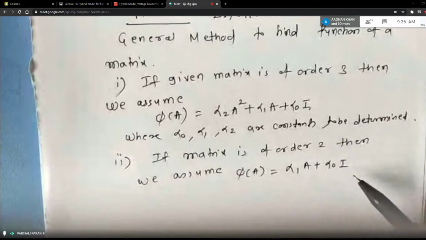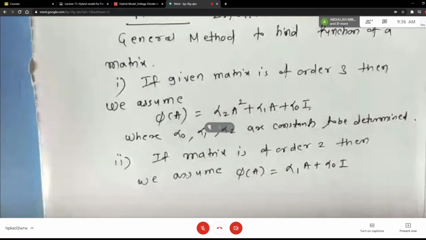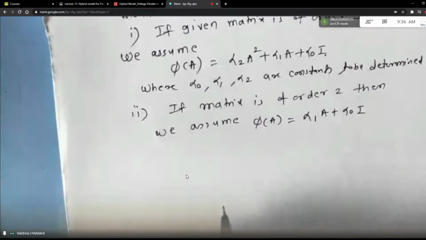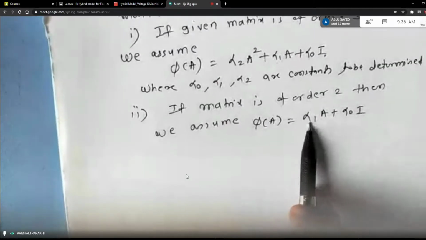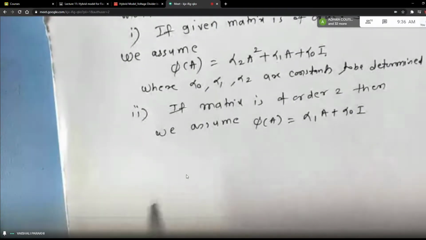If the matrix is of order 2, then you have to assume phi of A as a linear polynomial. These are easy things to remember. Now here also you need to find alpha 1 and alpha naught, and that will give you phi of A.